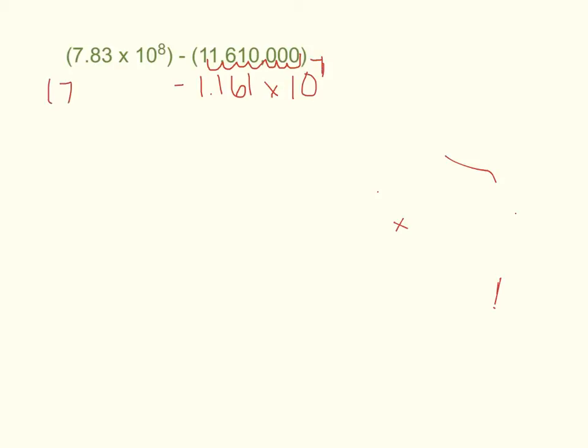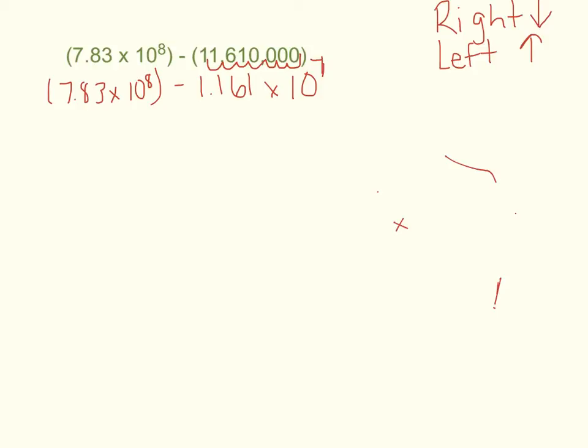And then I can now subtract. Same rule as adding. I have to have the same exponent in order to subtract. So if I move my decimal point to the right, my exponent goes down. If I move my decimal point to the left, my exponent goes up. So I am going to change my first number here.